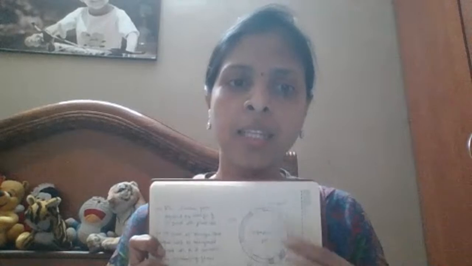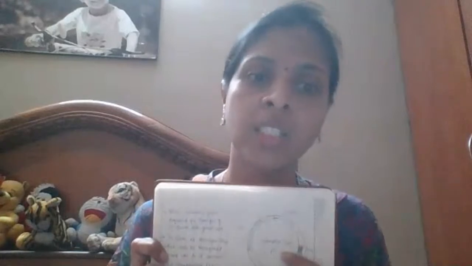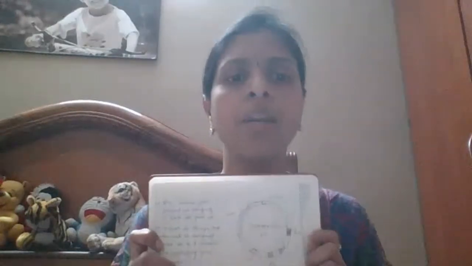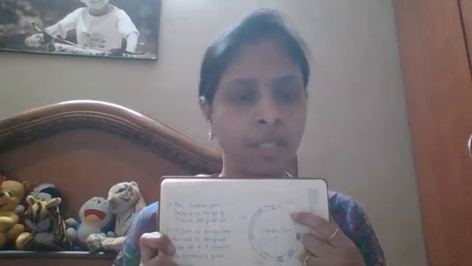And the third thing, this particular plasmid doesn't have the unique restriction endonuclease sites. So these are the three problems associated with using this natural, as it is, Ti plasmid as a vector. So what are these three problems? One is the size of the plasmid. It is a megaplasmid, so it is very difficult to handle.